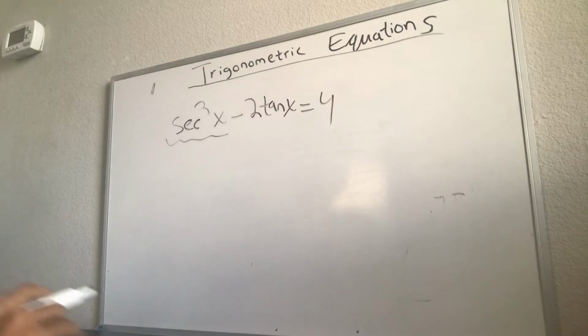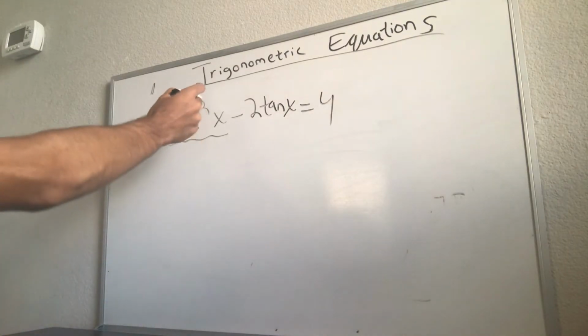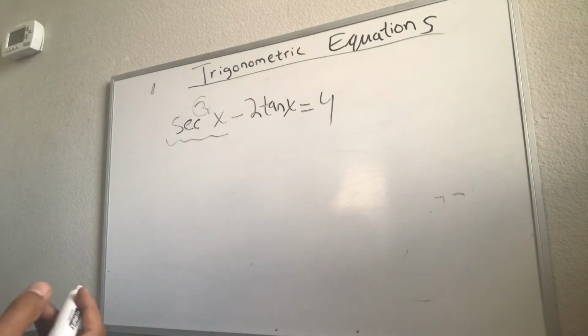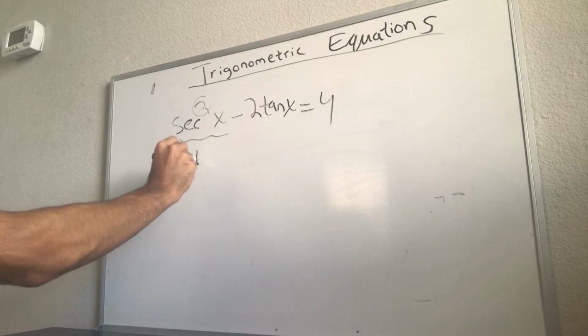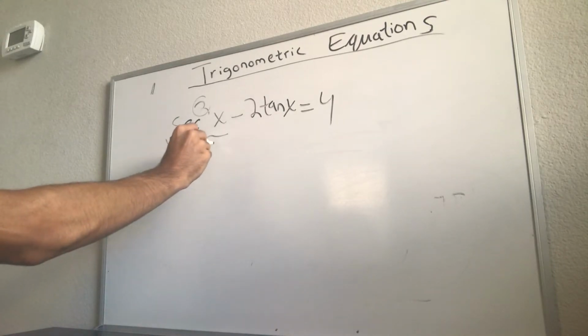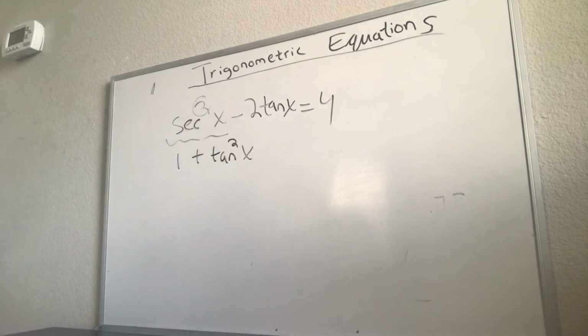Because again, if we were to solve this as either a linear equation or a quadratic equation, because we know there's a power of 2, it's always better to have the same trigonometric function present in the equation to make it easier. So we know that the Pythagorean identity that we had derived earlier states that secant square x is equal to 1 plus tangent square x. Now that's what secant square x is.